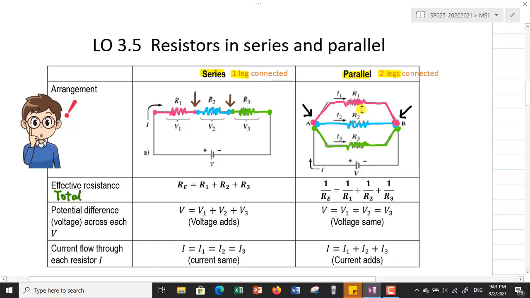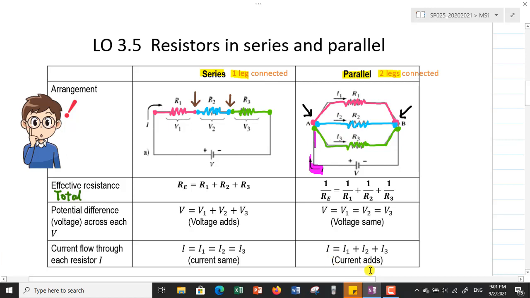But for the parallel combination, class, you can see very obviously, the current, when it reaches point A, it will be divided into three different paths. So, the first path we are going to have I1, second path we have I2, third path we have I3.